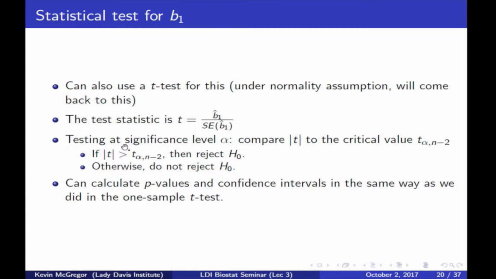And so if our observed test statistic is greater than the critical value, then we would reject our null hypothesis. And so we would say there is a significant linear relationship between these two variables, and otherwise we would not reject H0, so we would not have any evidence of a linear relationship between these two variables.